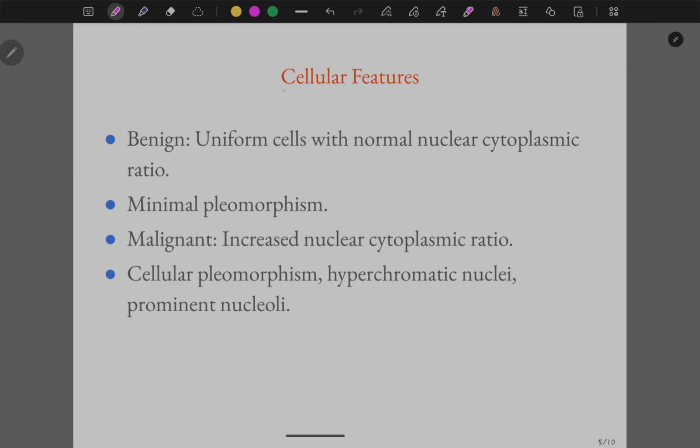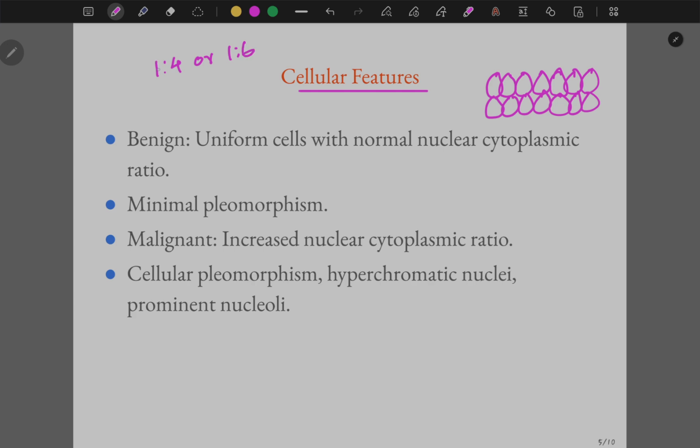Next, the cellular features. Benign tumors have uniform cells, that is, cells are arranged uniformly and have uniform size and shape. All cells have similar size and shape, with a normal nuclear cytoplasmic ratio. Normal nuclear cytoplasmic ratio means 1:4 or 1:6.